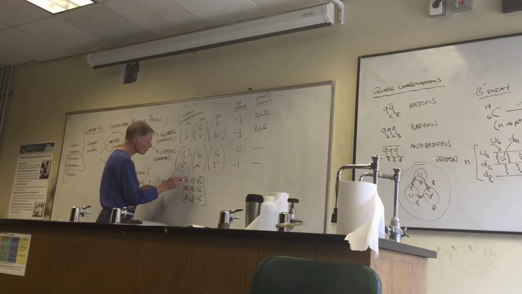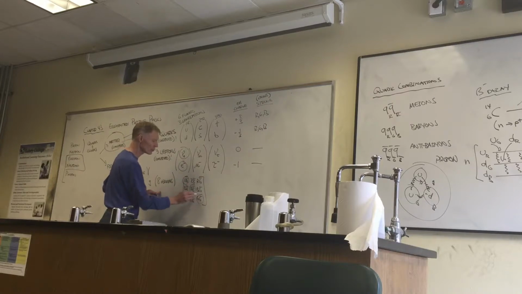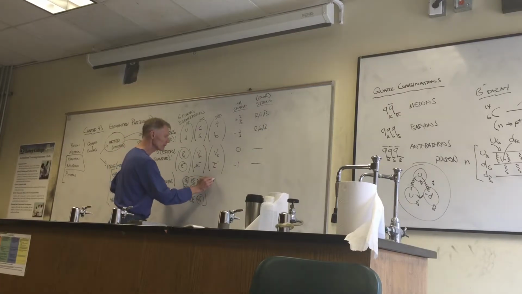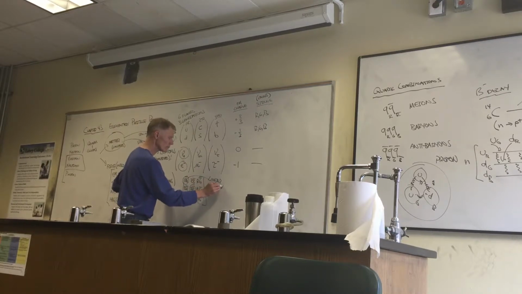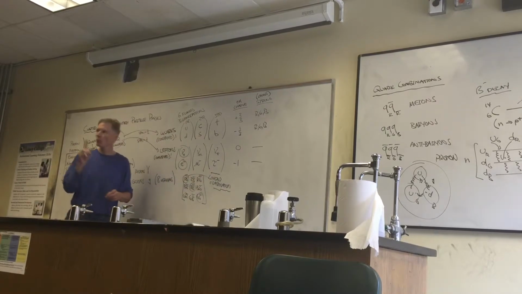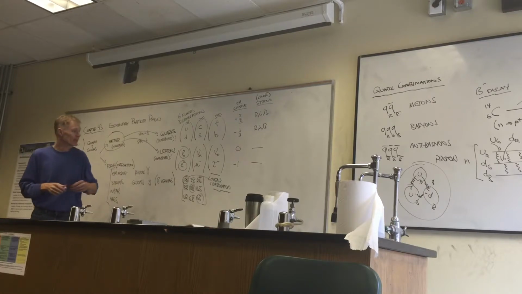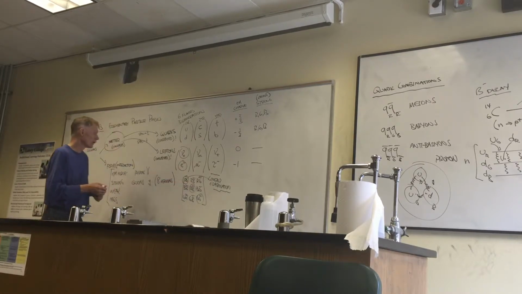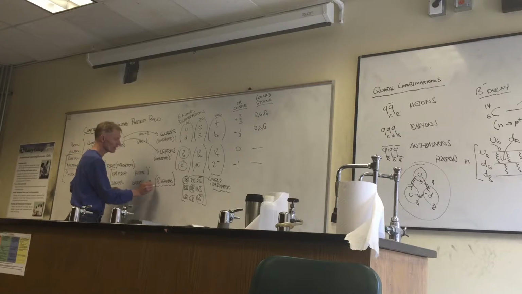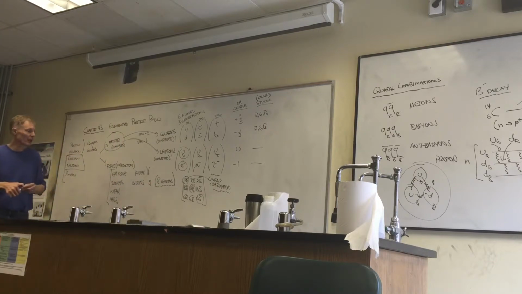So mathematically we take these 3 and do linear combinations. One of those linear combinations will always be color neutral, but the other 2 won't. So we end up with 9 minus 1, and that gives us 8 different flavor combinations of gluons.